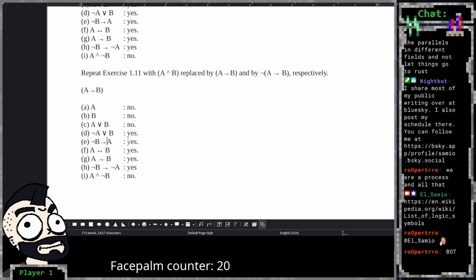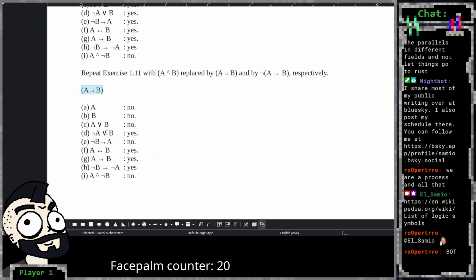Not B implies A? No, that does not follow, but I need to explain why. Basically, I need to give an assignment in which this one is true and this one is false. So in order for this one to be false, I need not B to be true and A to be false. So A is false and not B is true.